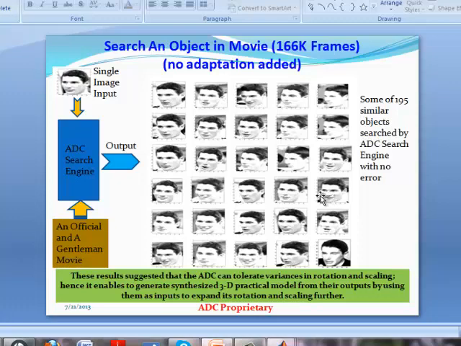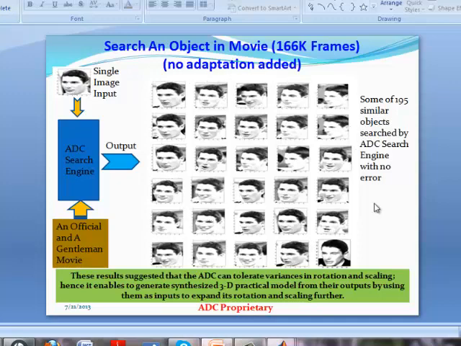So given this, if it's able to detect some scaling and rotation of the similarity, then we can imply that if we are given enough image input of the person, we are able to capture the complete 3D of the person.